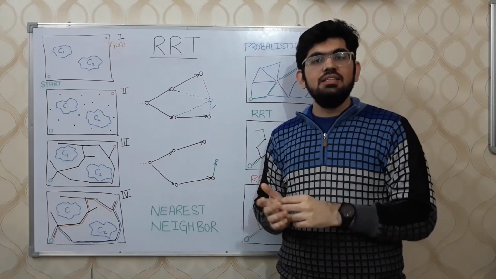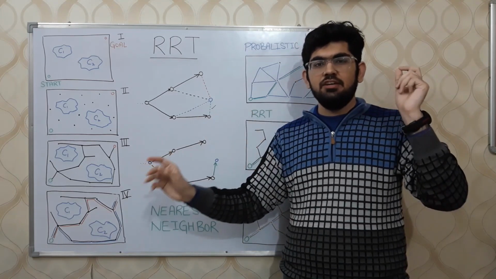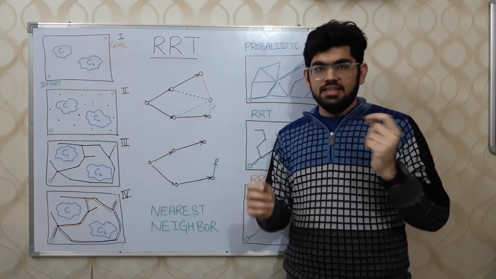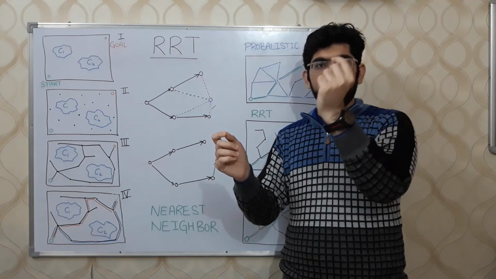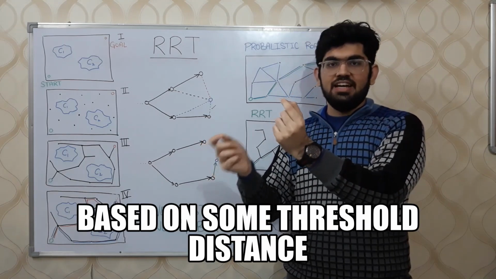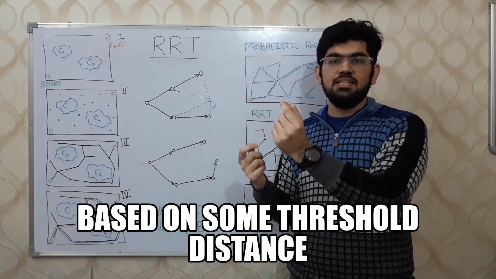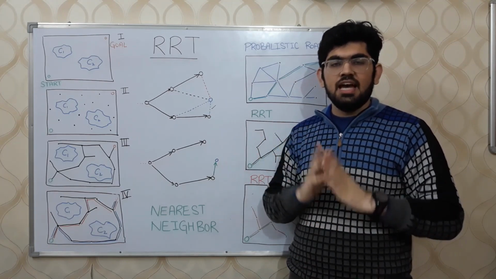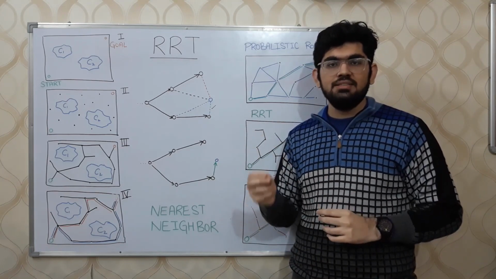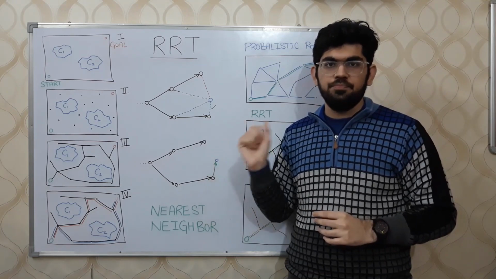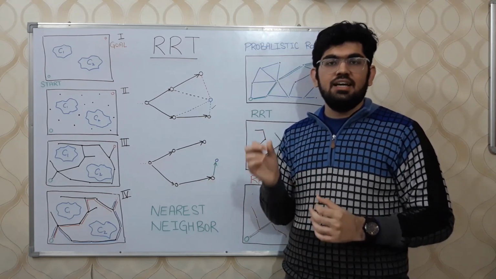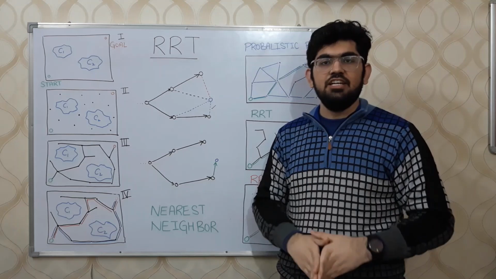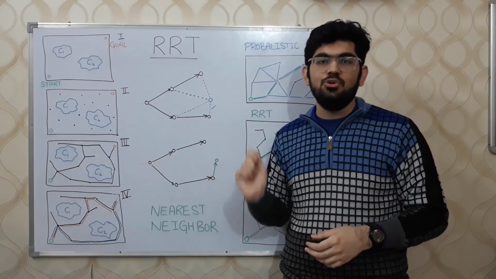First, if the newly sampled point is too far away from the current graph, then we linearly interpolate that point closer to the graph and select that point as the newly sampled point. Second, during random sampling, we have a probability to always sample the goal node. This detail ensures that our RRT algorithm will eventually end up at the goal node.